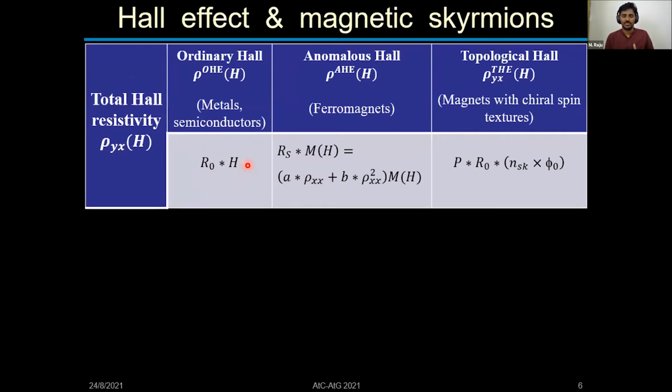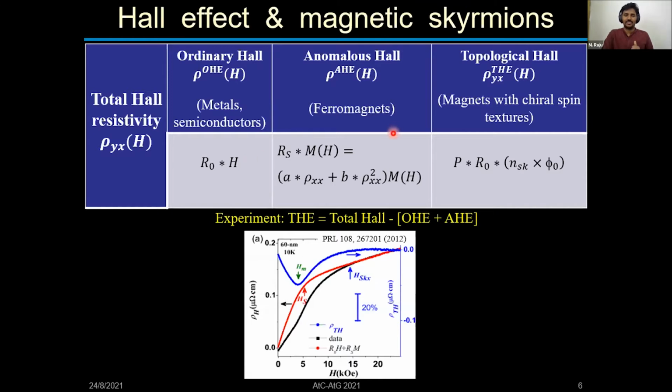Then there's the anomalous Hall component, which comes from the magnetic behavior of the system. And then there's an additional component, which is unique to skyrmion spin textures. Experimentally, it's possible to measure the total Hall resistivity and also estimate the ordinary and anomalous Hall components. The difference of those would be accounted for by the contribution from the skyrmion spin textures, which we call the topological Hall effect.